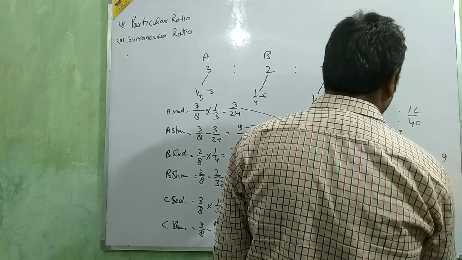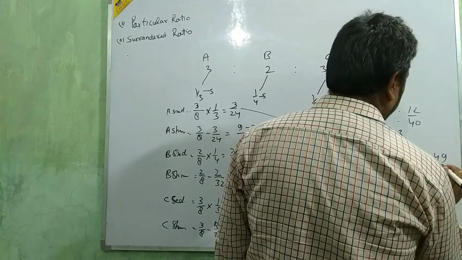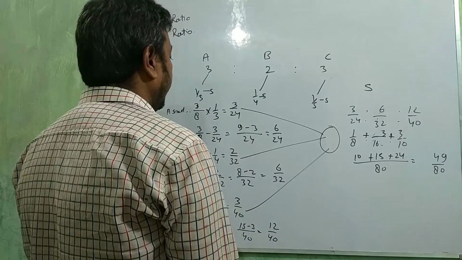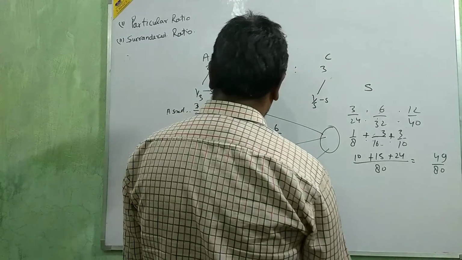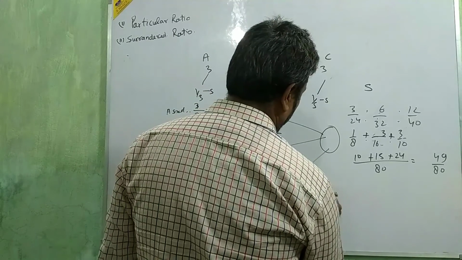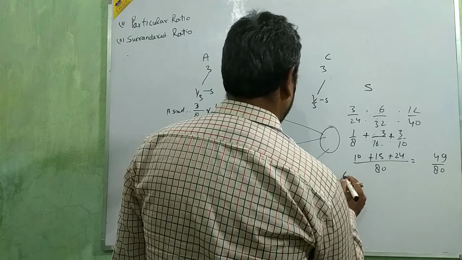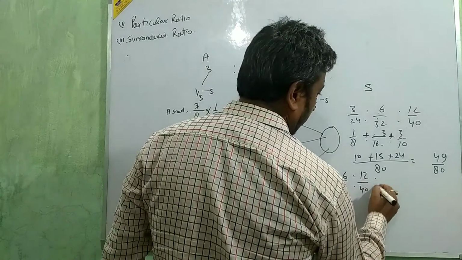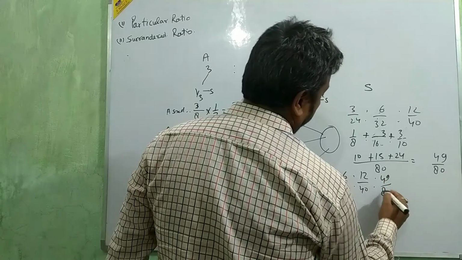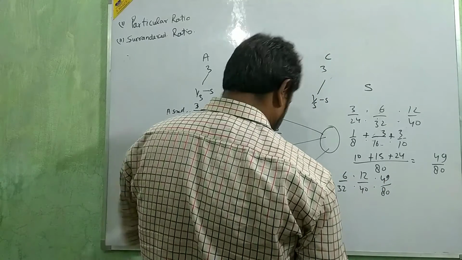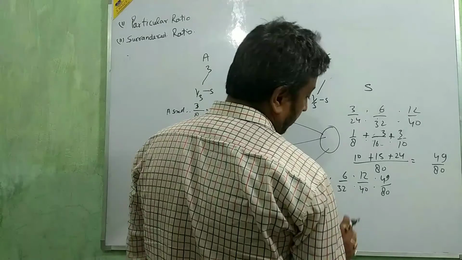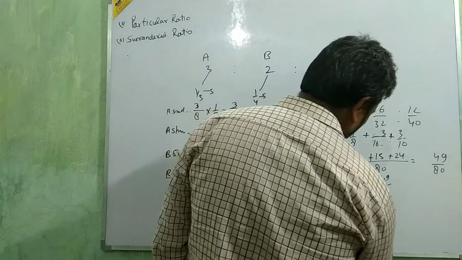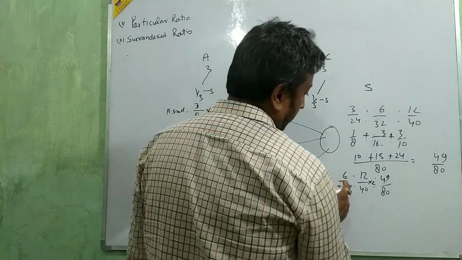It means 49/80. Okay, beta? 49/80. Then set the ratios: 6/24, 6/32, 12/40 and 49 is to 80. Okay? Clear? Try to maintain it up to 80 by 2. Okay?